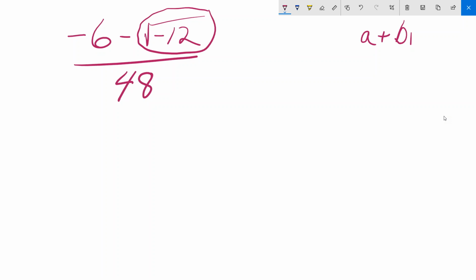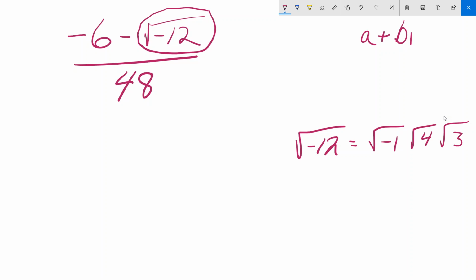So what does that turn into? Square root of -12. It'd have to be 2 square root 3i. Or 2 square root 3. Yeah, it sounds like you know already how to do this, but I would separate it into three things like that.